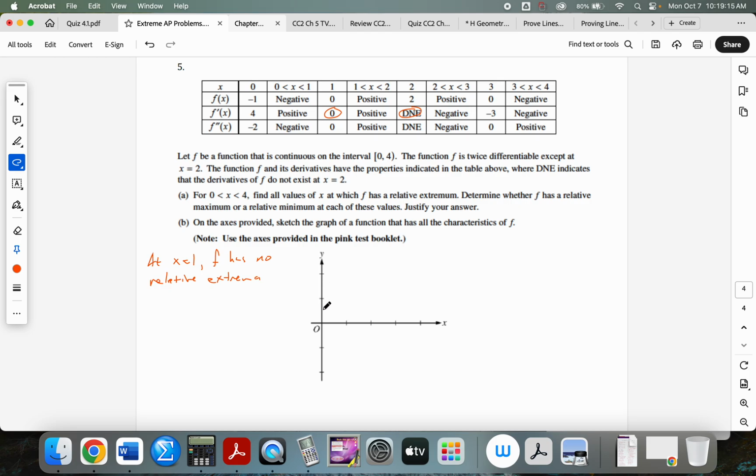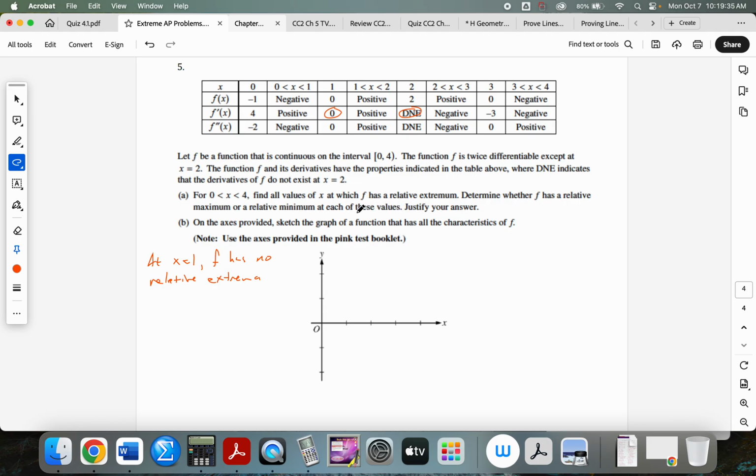So you don't actually have to say that because it said find all values where it does. Right? I do it anyway just because I'm thinking about the critical points. Doesn't get you any points.